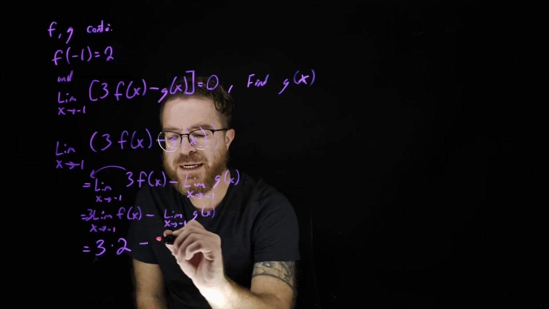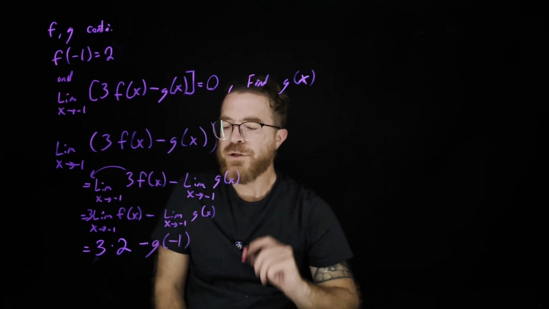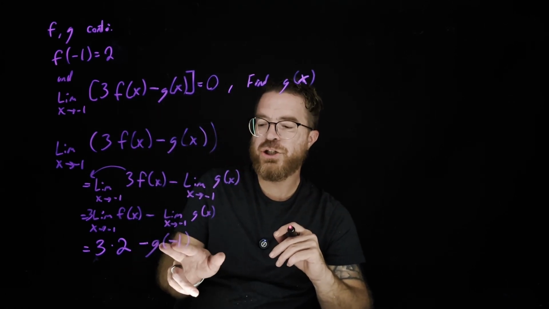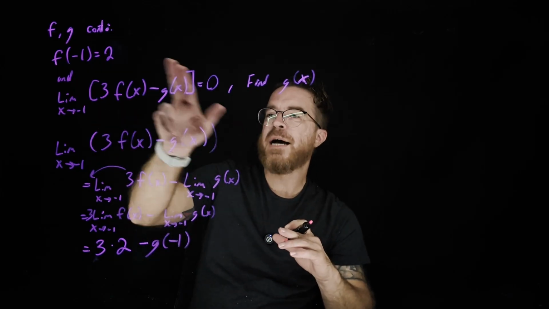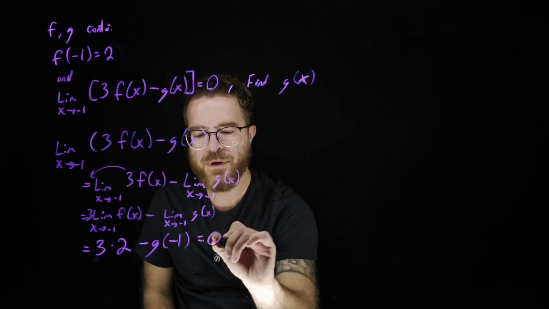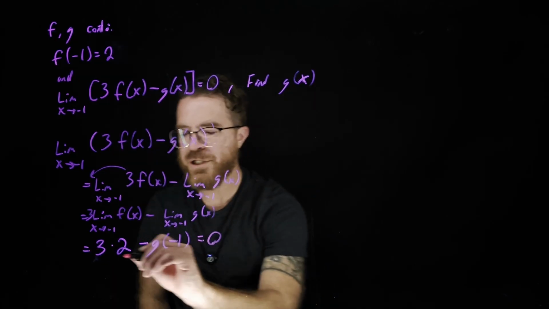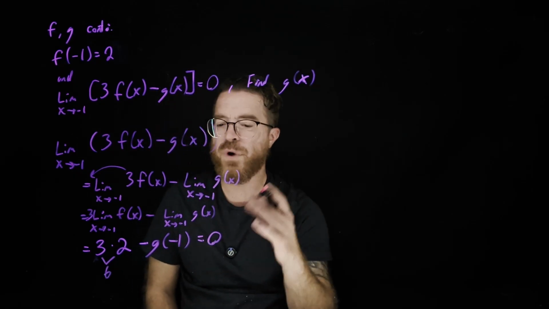So now we have minus g of -1. So now we have 3 times 2 minus g of -1. Well, we did say that this entire limit was going to be equal to 0. So we're going to set this equal to 0. So we have 3 times 2, which is equal to 6. So 6 minus g at -1 is equal to 0.